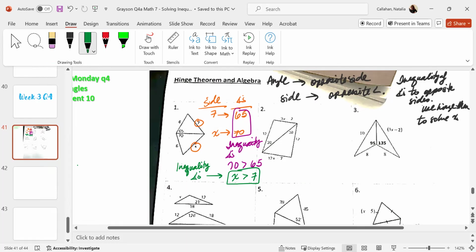Which angle corresponds to 70? Which angle corresponds to 65? Actually, inequality of sides, not angles. This is sides. That's your answer right there.